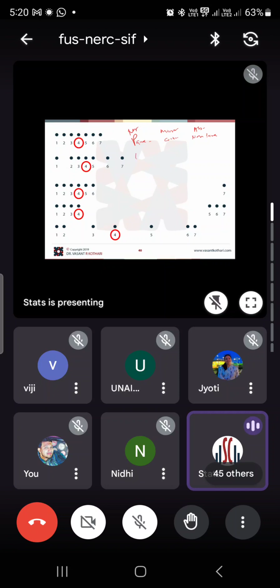So if I am having normal data, I will use the t-test, that is parametric. If data is abnormal, I will use the u-test. So the t-test and the u-test basically perform the same thing, that is to find out the difference between x and y. But I will use the t-test if data is normal. I will use the u-test if data is abnormal.